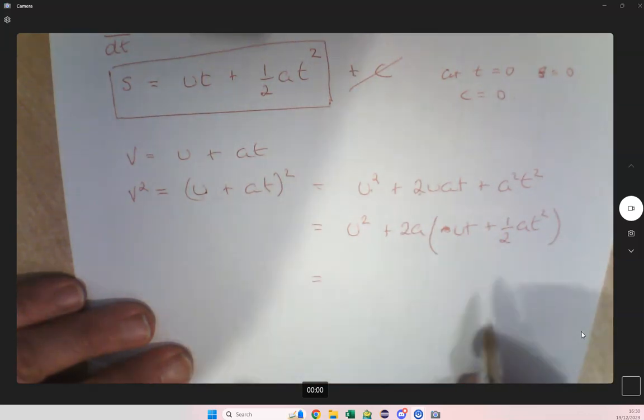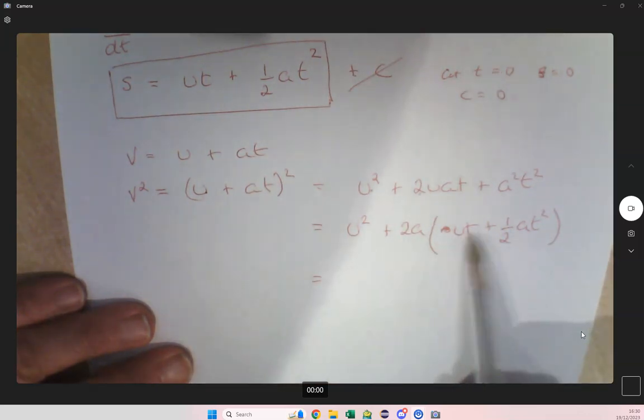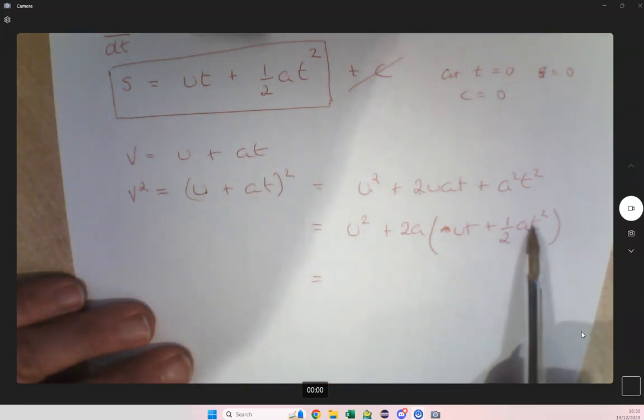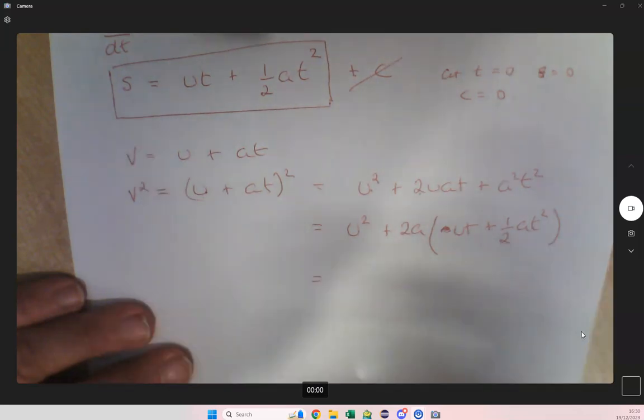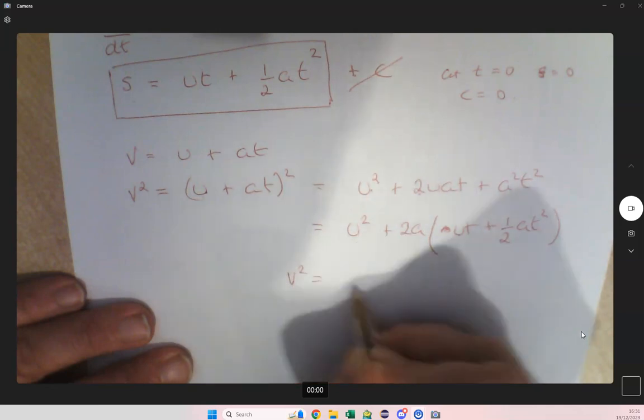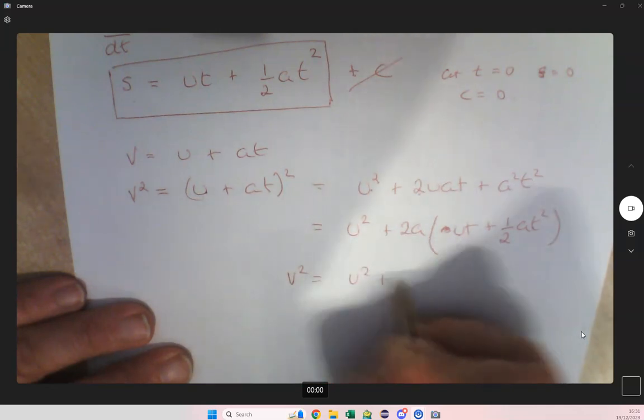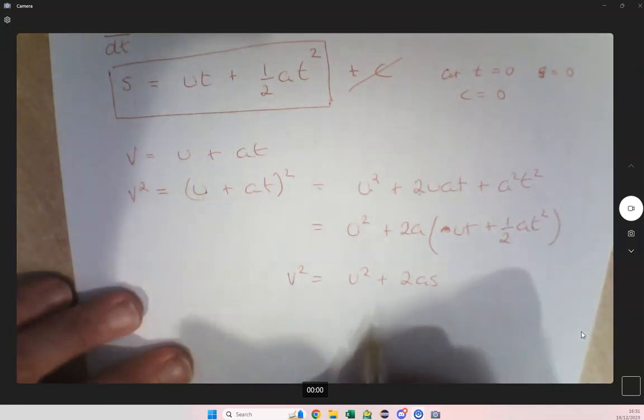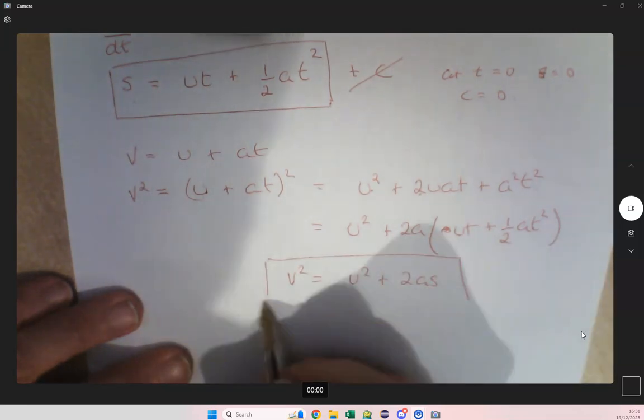But hang on a minute, we just proved that ut plus a half a t squared is actually equal to s. So here I've got v squared is equal to u squared plus 2as, which again nicely gives me my third SUVAT equation.